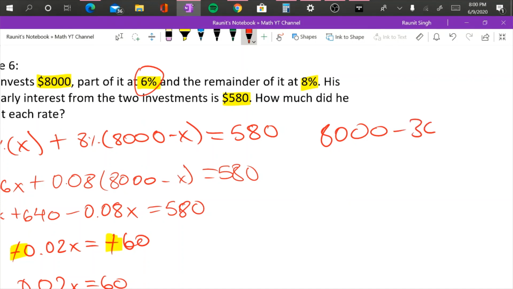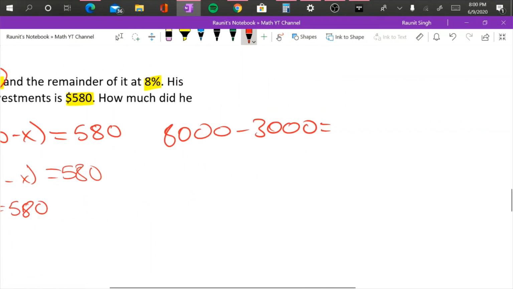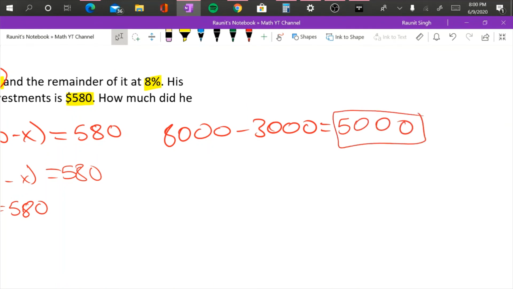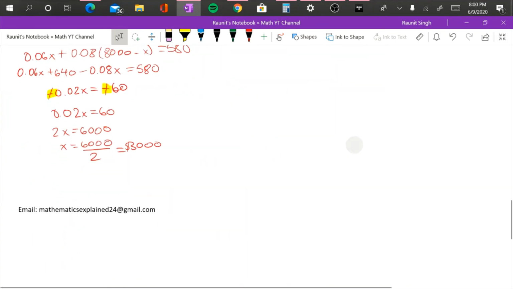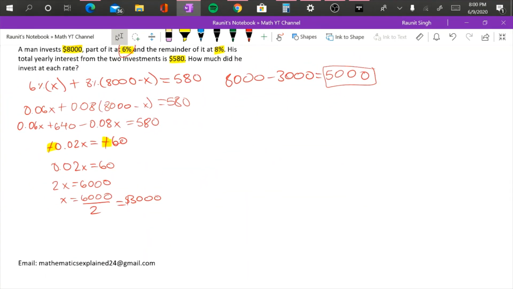So we're going to subtract $3,000. You can probably do this in your head. And then you're going to get $5,000 left over for the 8% investment. So he spent $3,000 for the 6% and $5,000 for the 8% in order to get $580 for his earnings.